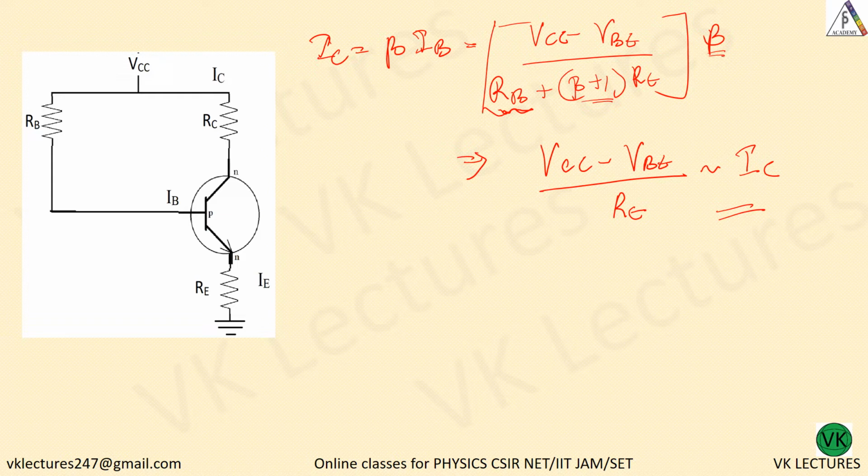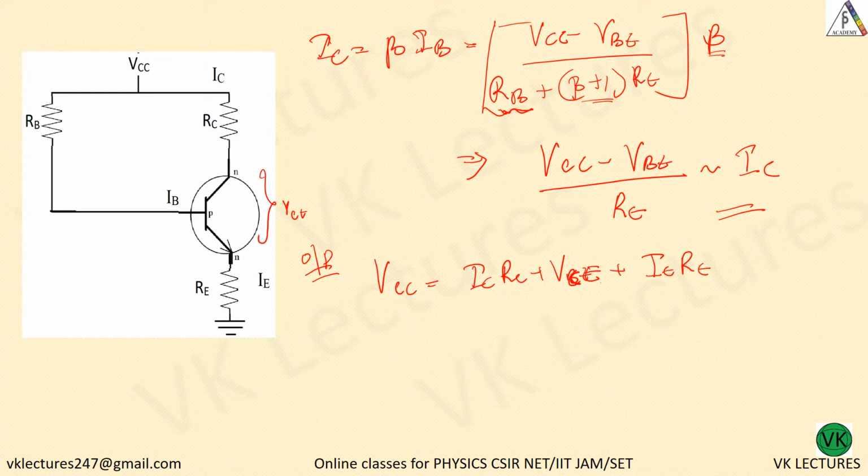Now here you have VCE. To the output, if you apply KVL, what you are getting? VCC equal to IC RC plus VCE plus IE RE.